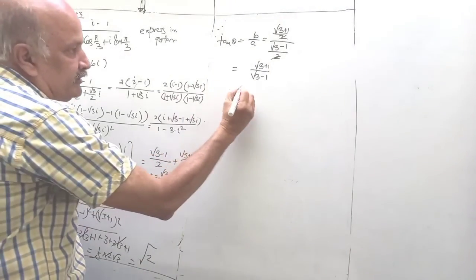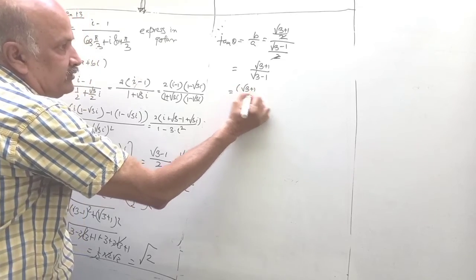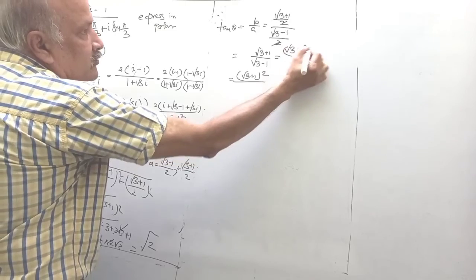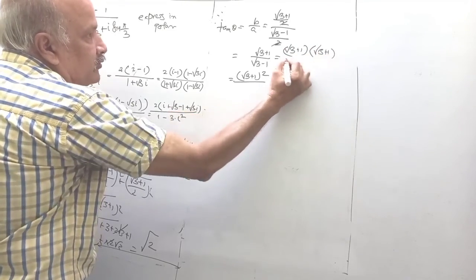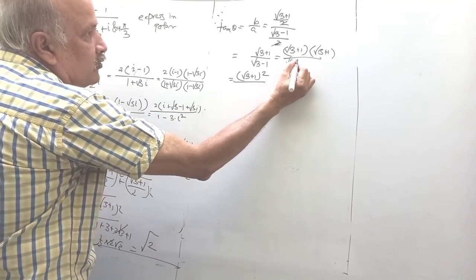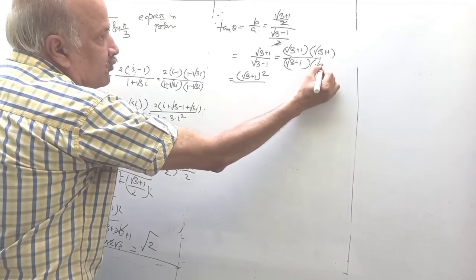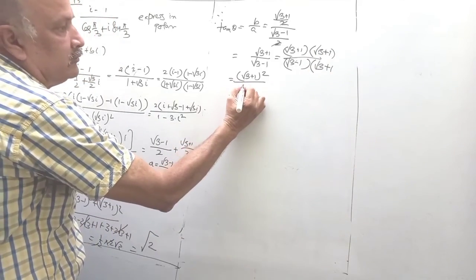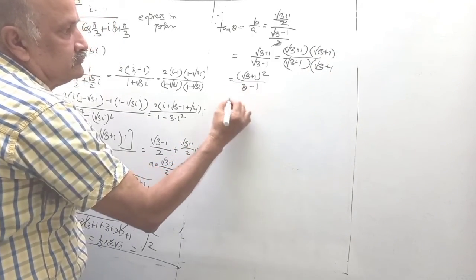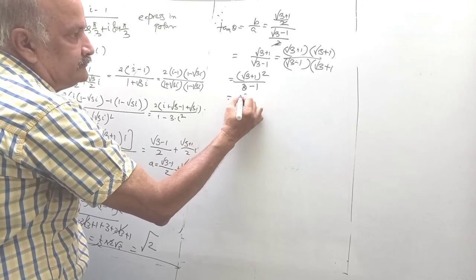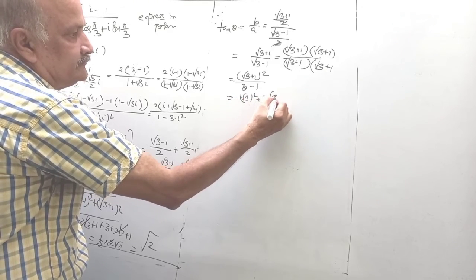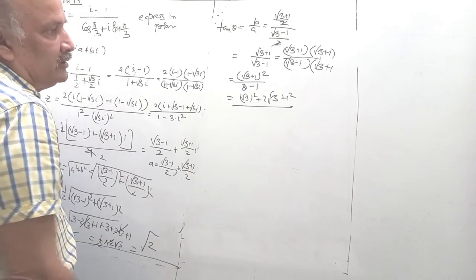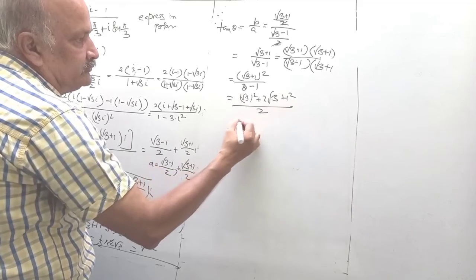Let us further simplify, root 3 plus 1 the whole square using a square plus 2ab plus b square, equal to 3 plus 1 plus 2 root 3, that is 4 plus 2 root 3, divided by 3 minus 1 equal to 2.